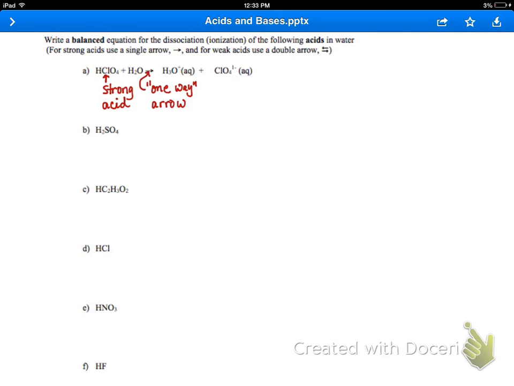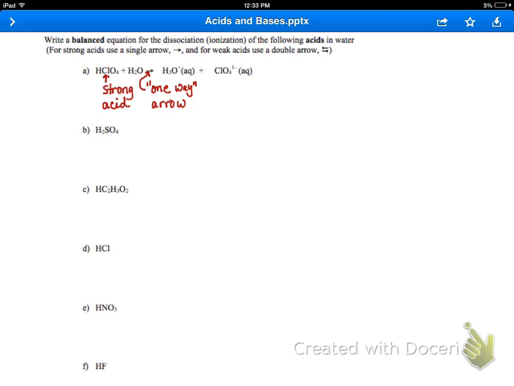So we are going to write balanced equations for strong and weak acids in water. And the way we're going to look at them and say, okay, this is a strong acid. This was not on our list. It is perchloric acid, but it is a strong acid. So we are going to write a one-way arrow because everything is going to get dissociated. And if it's a weak acid, we're going to use a double arrow, reversible arrow.